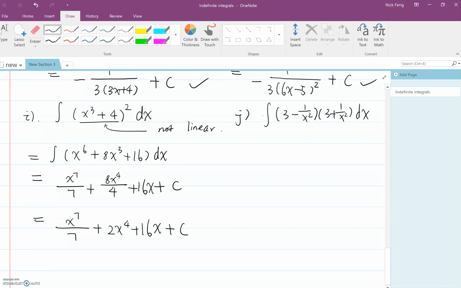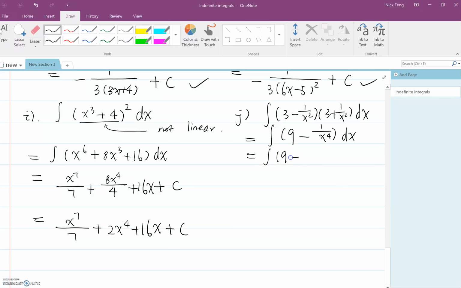Okay, this is difference of 2 squares, a minus b multiplied by a plus b. That should give us a squared minus b squared. Okay, and this is exactly like what we did before.